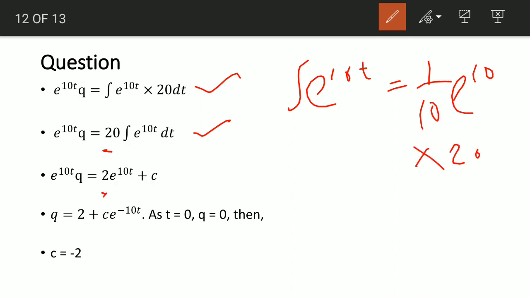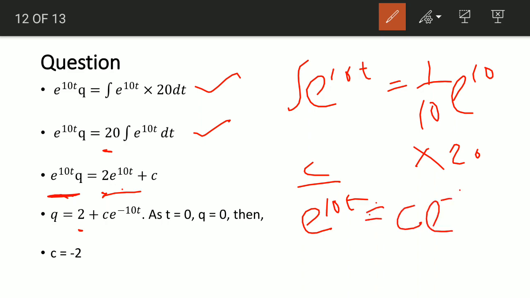So that's why we have this 2 exponential 10t plus c. Since we are looking for charge, we can divide through by exponential 10t. If we do that, you're left with just 2, then c over exponential 10t will give us c exponential minus 10t, which is exactly what we have here.